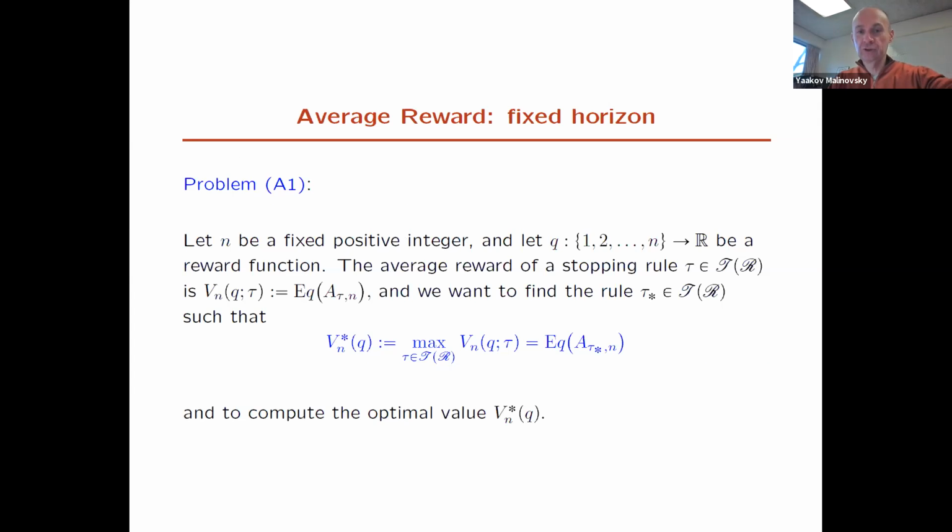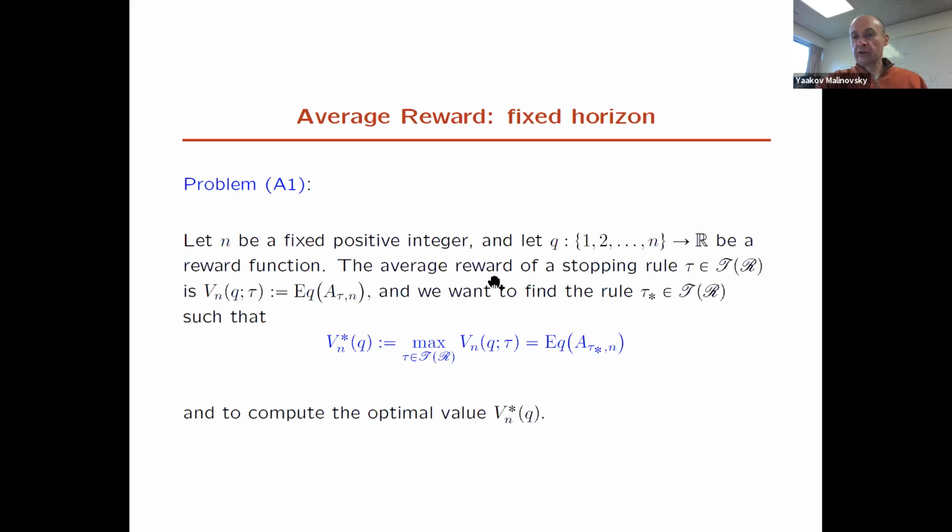So, two problems related to the average reward. The first problem is related to the fixed horizon, and we can formulate it in this way. Suppose n is a fixed positive integer, our horizon, and q is a function from the integers 1 to n to the real line.